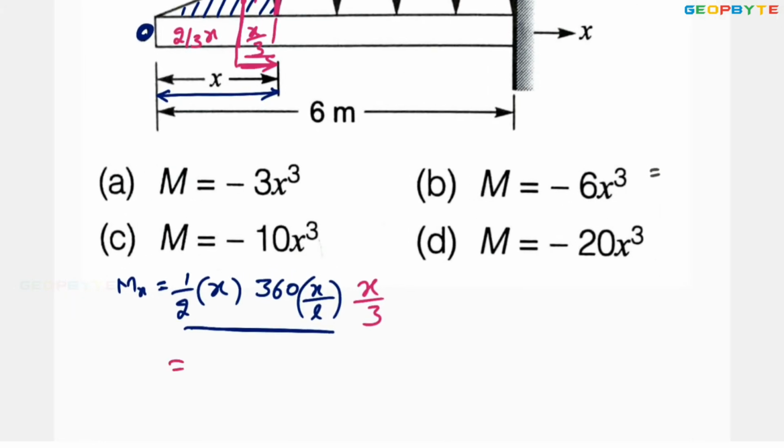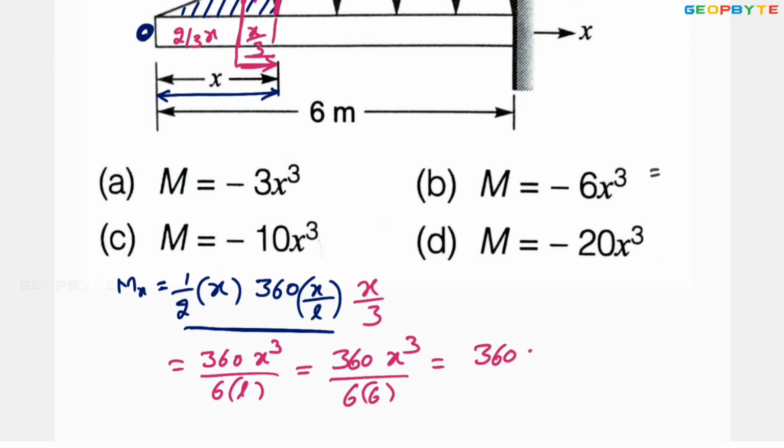Let us simplify this value. 360 into x into x into x, x cube by 6 into L. It is equal to 360 into x cube by 6 into L, and L is given 6. It is equal to 360 into x cube divided by 36, which is equal to 10x cube. That is how you will decide.